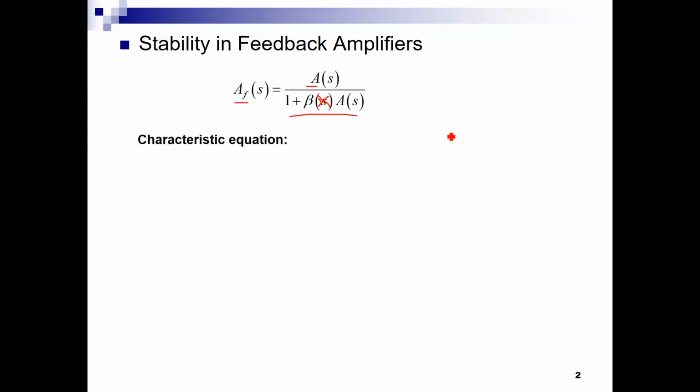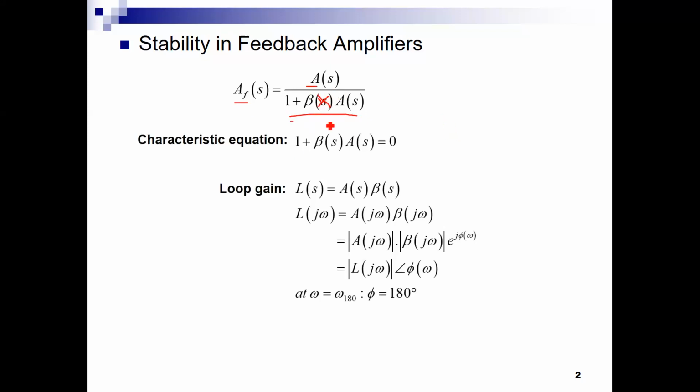We're going to focus on the denominator, the characteristic equation. Because if beta is constant, for example 1 plus 2 times 3, I know that my denominator will always be different from 0. AF of S can vary. The magnitude of the gain can go from high to low.